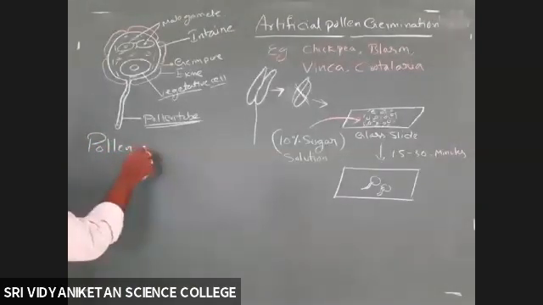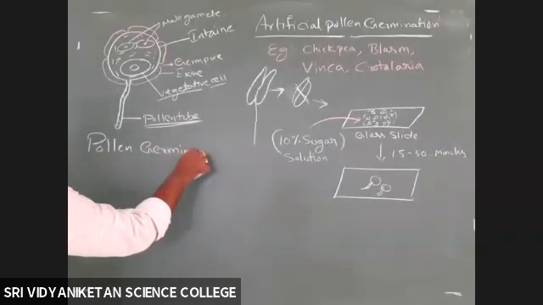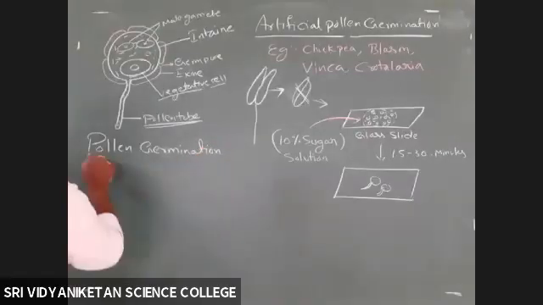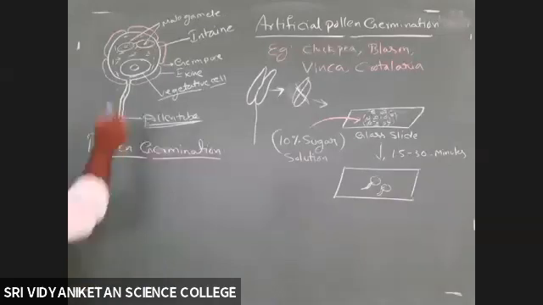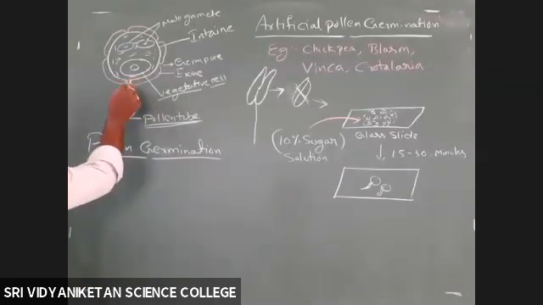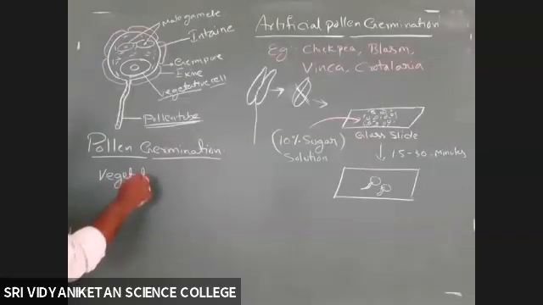Pollen germination occurs on the stigma. At this time, the vegetative cell creates pressure on the intine. Which cell? The vegetative cell.